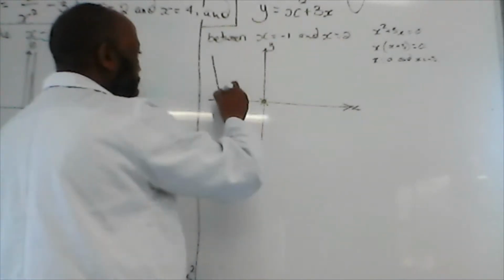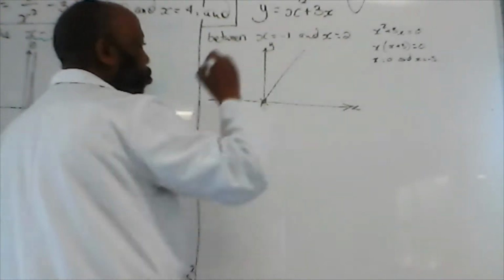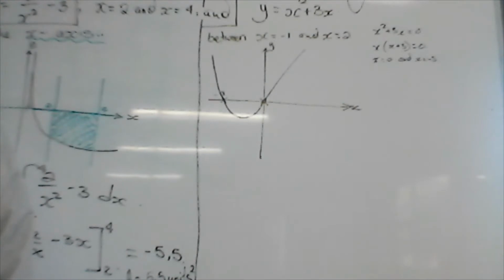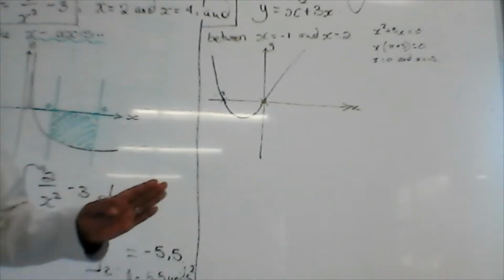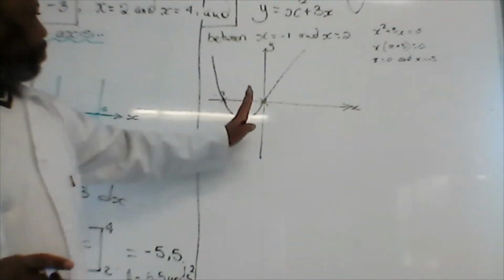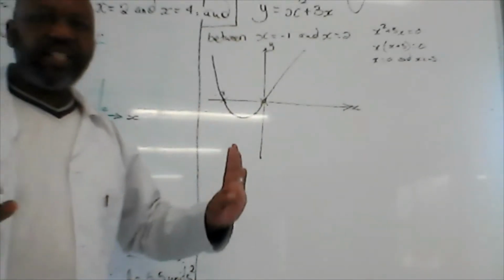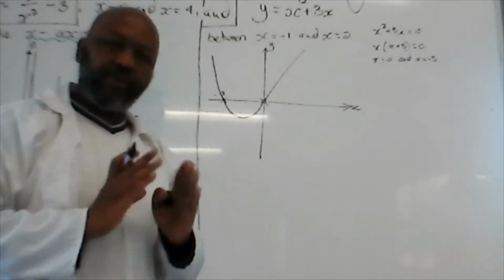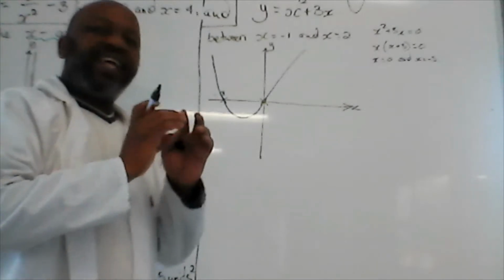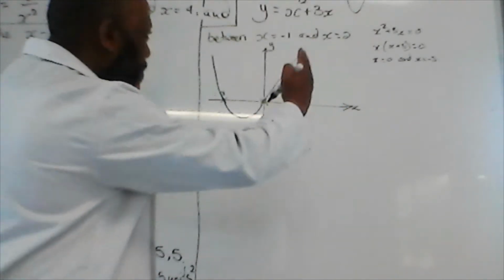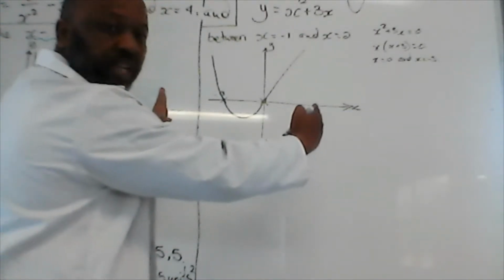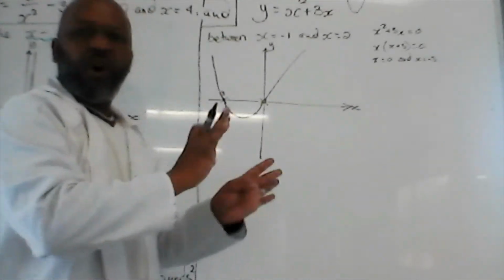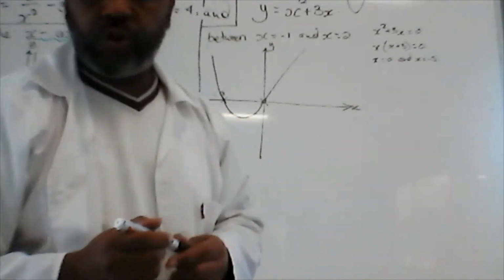So I've got a curve that goes like this. I'm not too worried about my y-intercept and turning point or whatever. I just need to see the shape. Remember, I'm only asked to find the region bounded by x equals -1 and x equals 2. So all the other nitty-gritties for now I'm not too worried about.